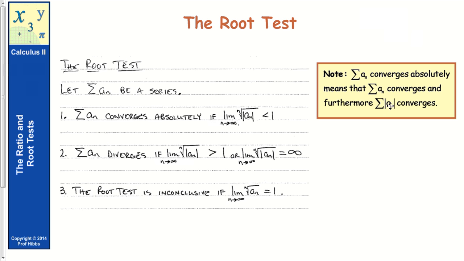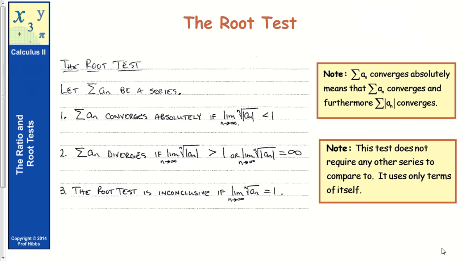Adding up just positives would be absolute values. So you could have something where you're adding up positives and negatives and it converges, but adding up all positives, it would diverge. That's the idea. Saying converges absolutely is a stronger meaning than just converges, period.